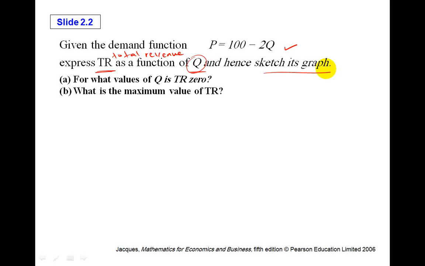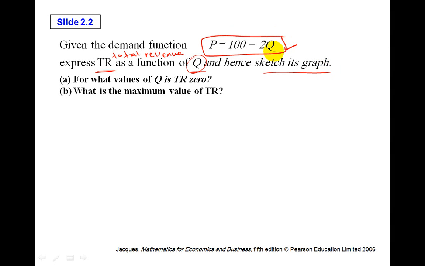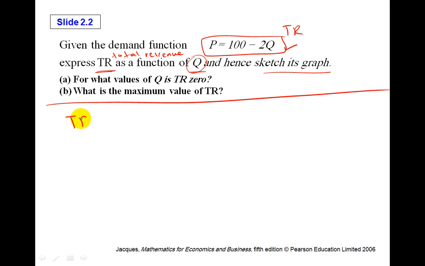Okay, first let's start with changing this in terms of what? Q. That means writing TR in terms of Q. First, let me give you the formula for TR. Total revenue is price times quantity. And what's the price?